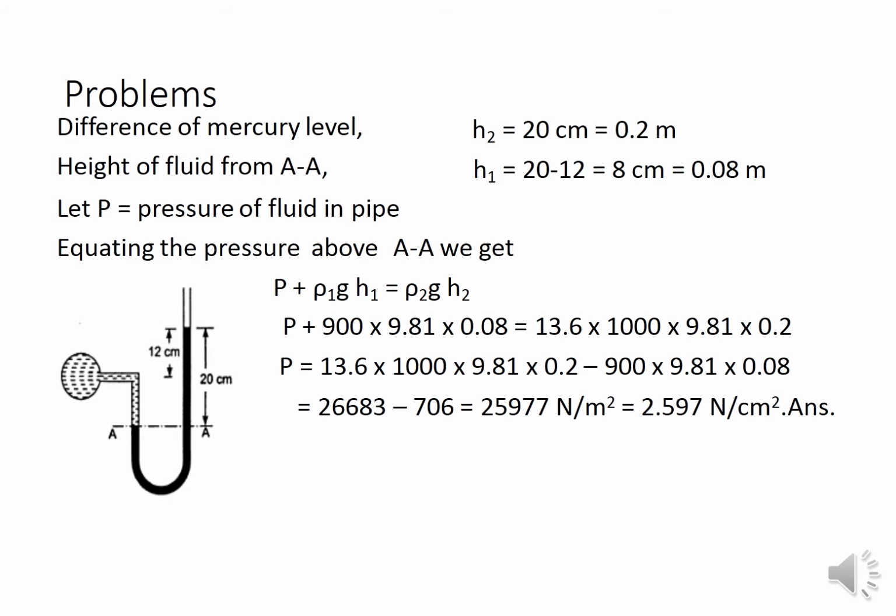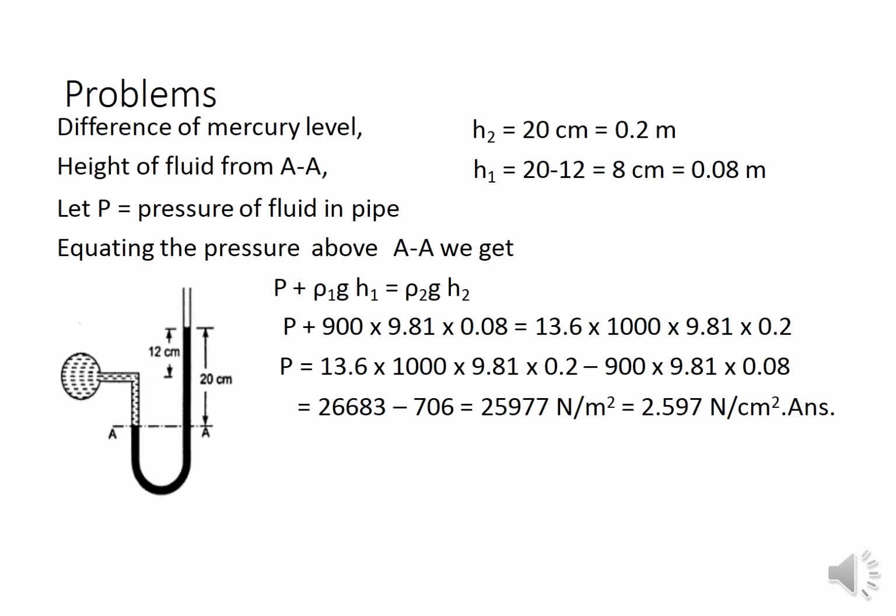So let us take h2 is equal to 20 centimeter, that is 0.2 meter, and h1 is equal to 20 minus 12, meaning height of the liquid in the U-tube in the left limb. So in the left limb h1, we have to calculate. 20 minus 12 is 8 centimeter, that is 0.08 meter.